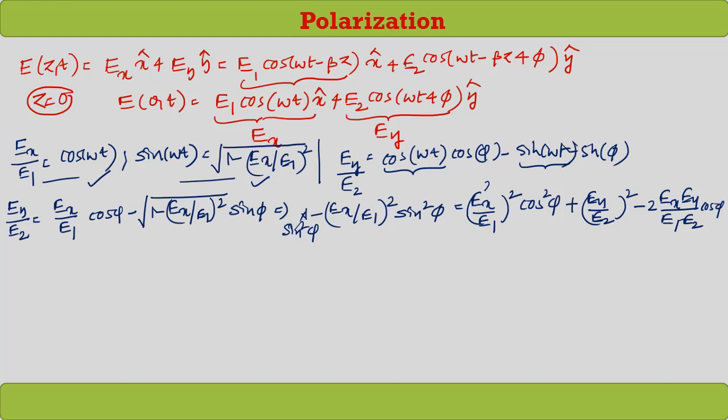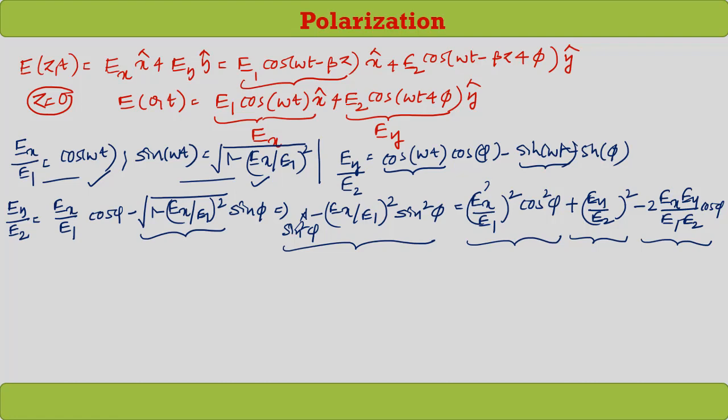Don't get confused here. I sent the term square root of 1 minus (Ex by E1) squared sin phi to the left side, and I brought Ey by E2 to the right side. So I squared on both sides. Then on the left side we got this, and on the right side we applied (A minus B) squared, so A squared plus B squared minus 2AB, like this we got. Now what can we do?